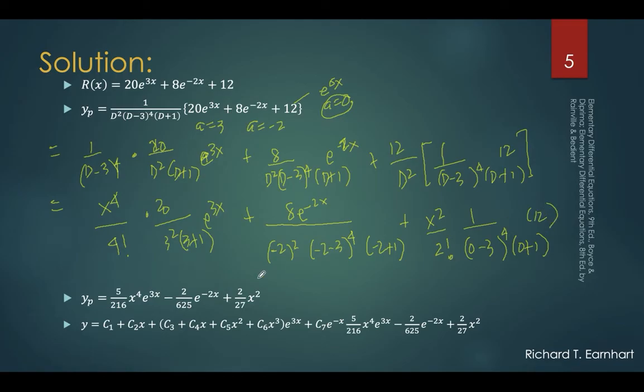Okay, so simplifying, this will give you 5 over 216, x to the 4th e to the 3x, okay, e to the negative 2x, and then simplify this, that is negative 2 over 625, and then simplifying this will give you 2 over 27x squared.